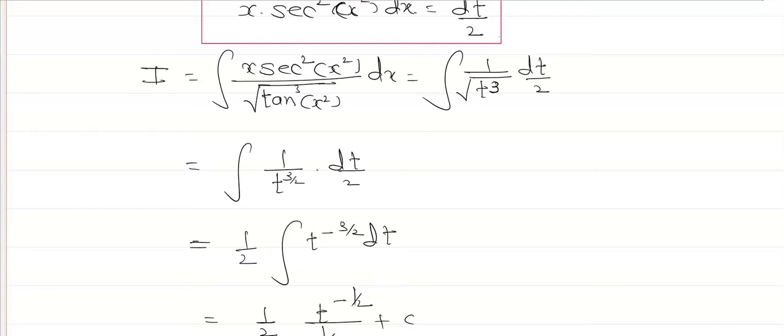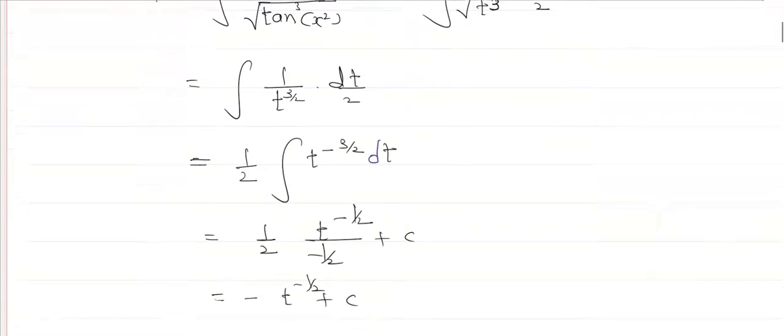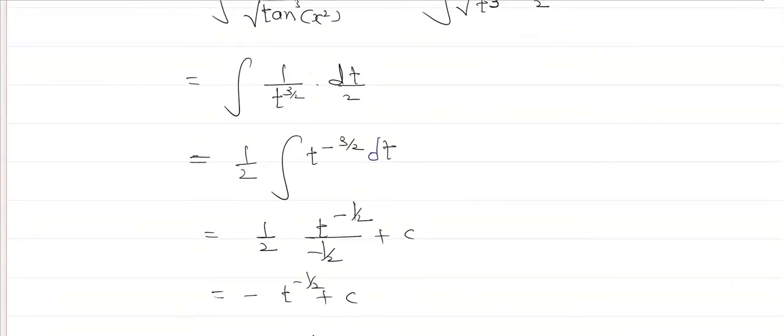Root of t cube can be written as t raised to 3 by 2 in the denominator, into dt upon 2. Therefore 1 upon 2 t raised to minus 3 by 2 into dt.